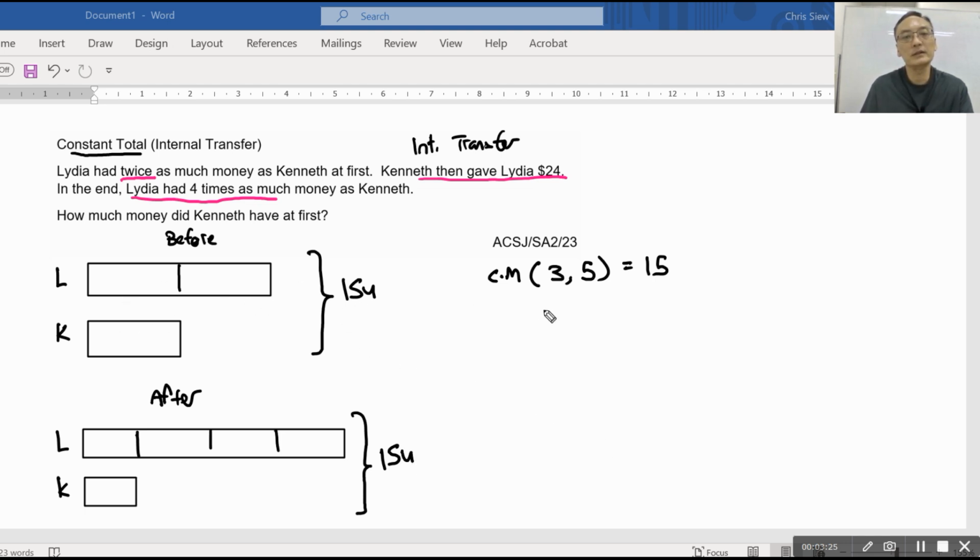15 divided by 3, it will be 5. So therefore, we know that there will be 5 units over here for the before model. And below, it will be 15 divided by 5, you get 3. So we know that every box will be 3 units.